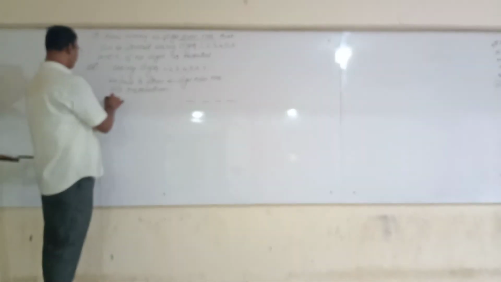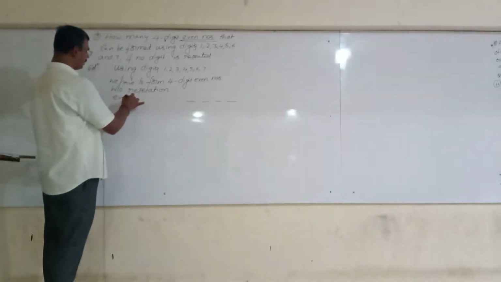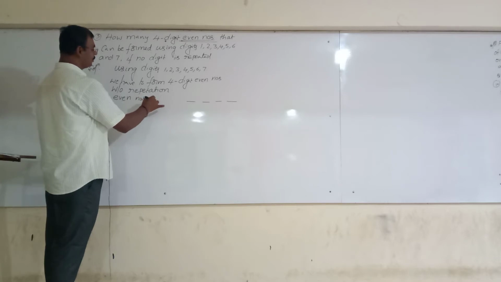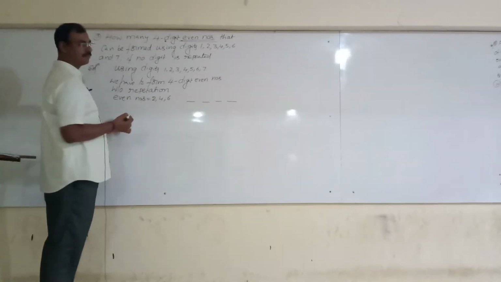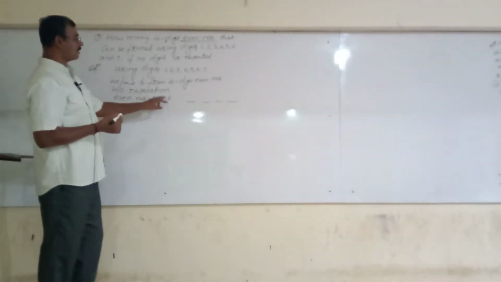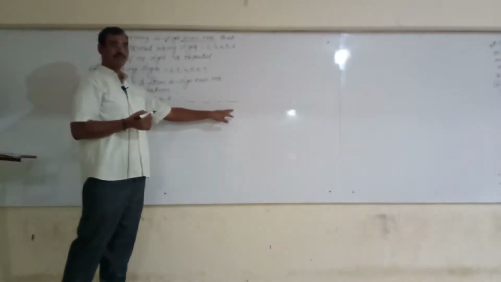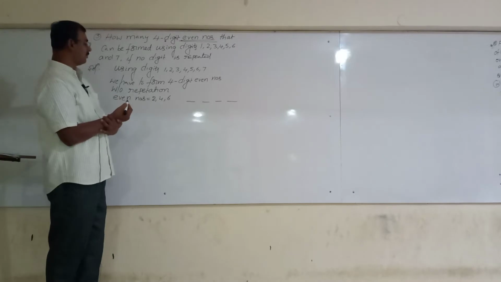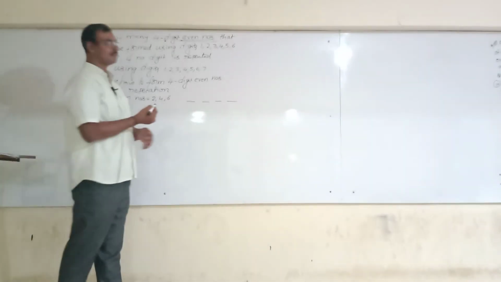What are the even numbers? The even numbers are 2, 4, 6. These 3 numbers are allowed in the unit place. How many ways could I fill the unit place?